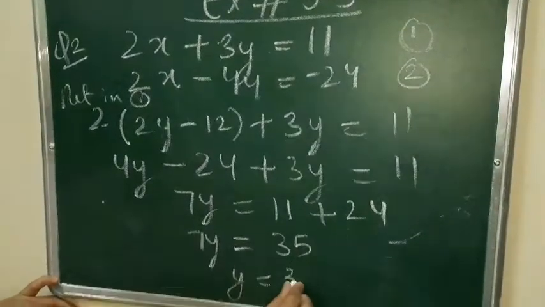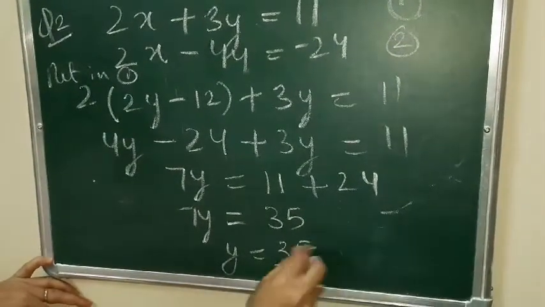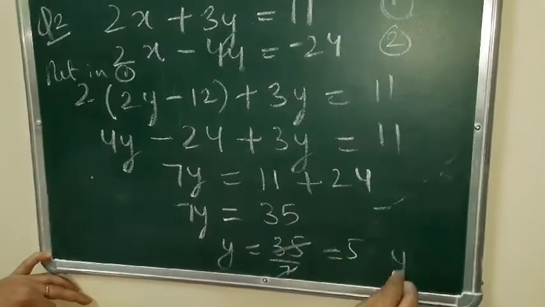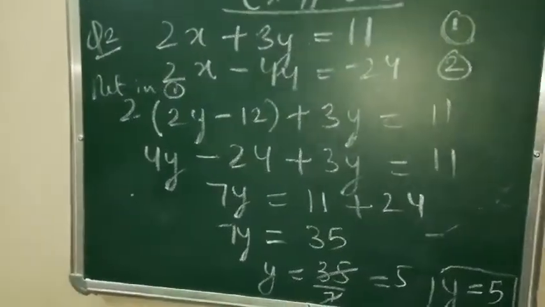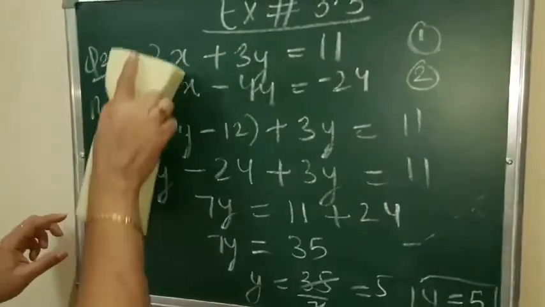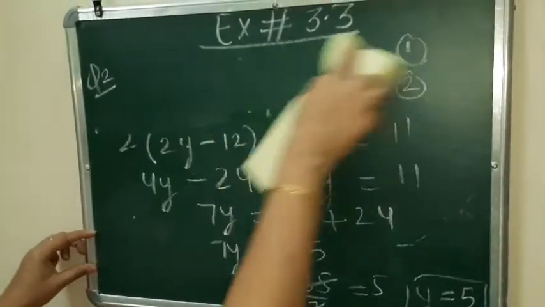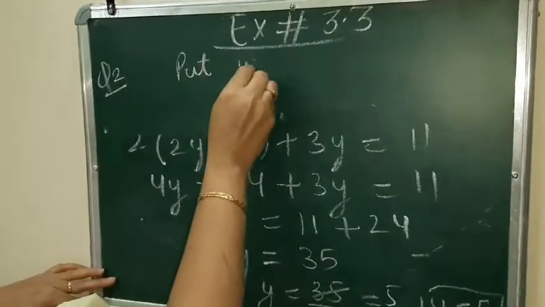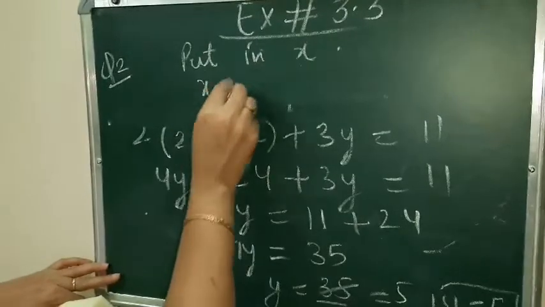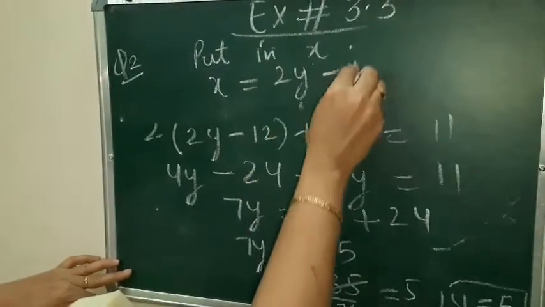So it is 7y is equal to 24 plus 11, 35. y is equal to, bring 7 to the denominator and cut 5. That means y is equal to 5. We have got the value of y as 5. Now put the value of this y in x. What was x? 2y minus 12.